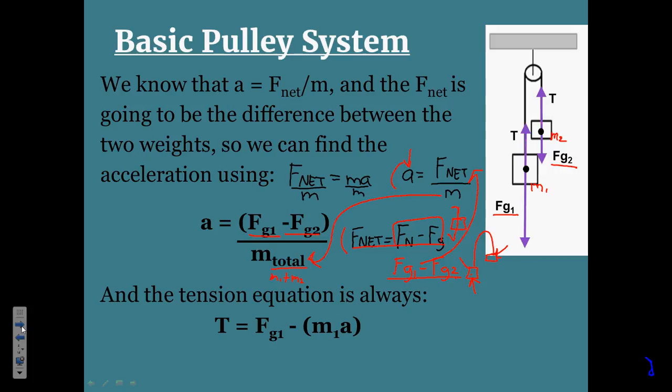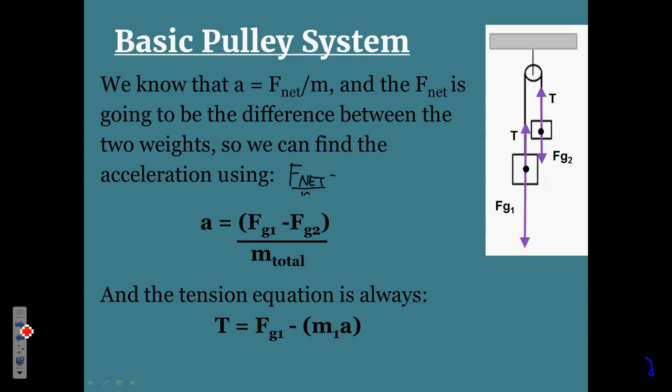Now, our last slide said that we have to take our acceleration into account to get the tension, because that's going to create part of this movement in tension. So we got to include the acceleration in our tension formula. So our tension formula then is going to be F of G1 minus the M1.